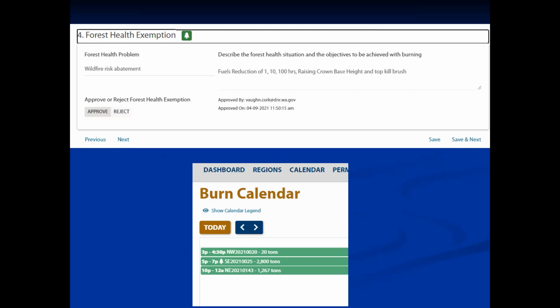It requires a little bit of additional paperwork when you apply for your burn permit, but it does get you some priority. So if we have 15 burns going on in one location, forest health exempt burns get the priority first. If we can only afford to approve 10 out of the 15, the forest health ones will get the approval over the non-forest health burns.